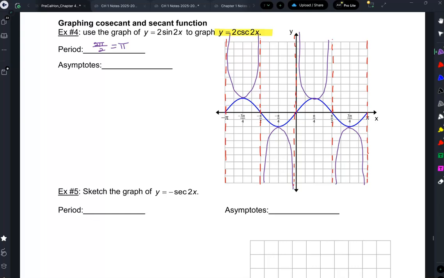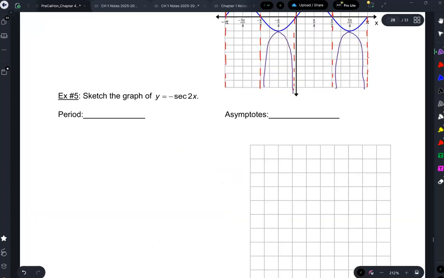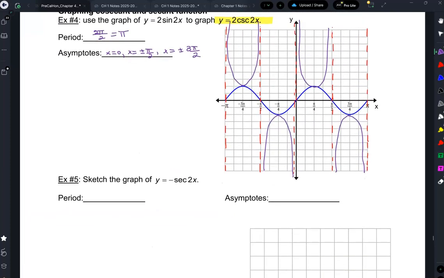Okay, here we go. The purples are technically the cosecant. So now, where are the asymptotes here? Just read it off of the graph. X equals 0, x equals plus or minus pi over 2, x equals plus or minus 3 pi over 2.